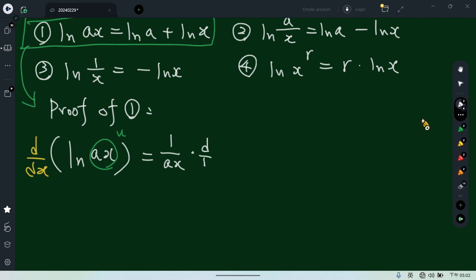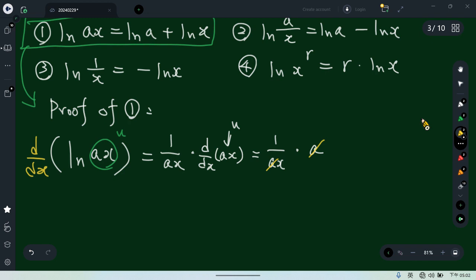Then du/dx, u is here, so what's the result? It will be 1 over ax times what? A, yes, correct. So we can cancel it, then we can get 1 over x, right?